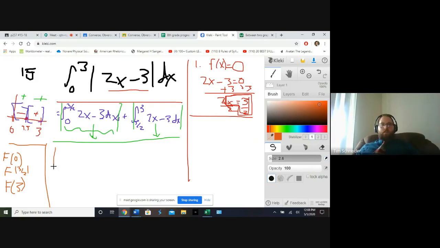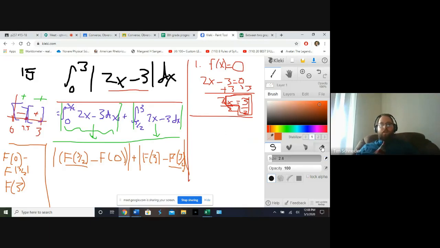And here's why: this is going to be the absolute value of F of 3/2 minus F of 0, plus the absolute value of F of 3 minus F of 3/2. So if we know what these are, we don't have to calculate them twice. Does that make sense?